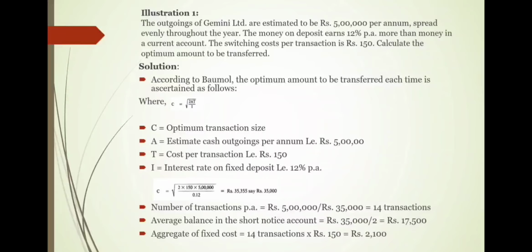Then we have the aggregate of fixed costs, which is 14 transactions into rupees 150, which is the cost per transaction, which comes to rupees 2,100.